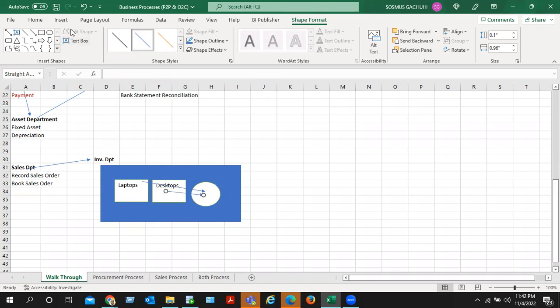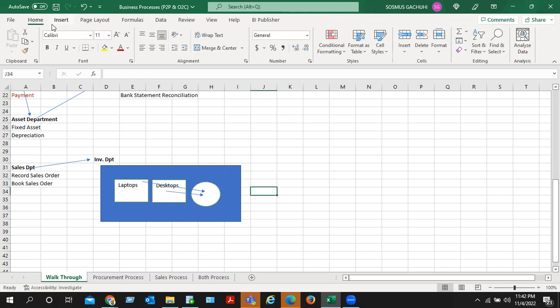This area, we refer to it as... we'll do it the other way around.